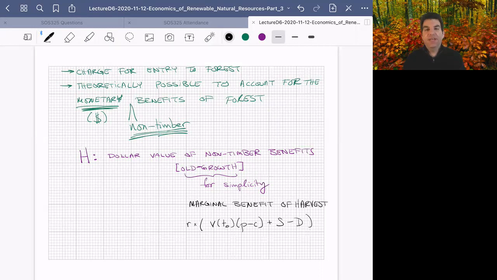So that is how much benefit I'm going to get out of a harvest. And then the marginal benefit is, I cut it all down, I put it in the bank, and this is the interest that I make out of the bank.